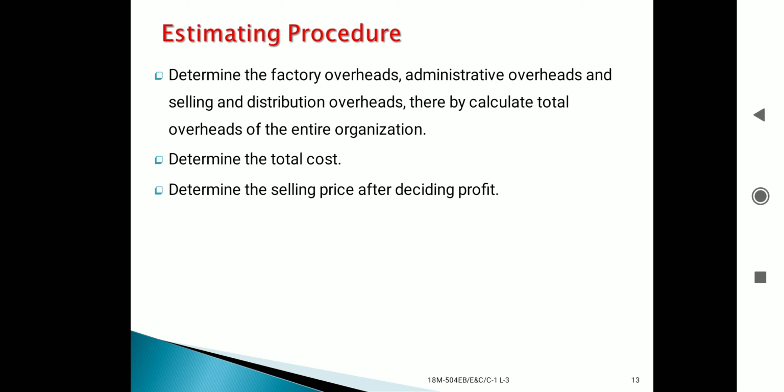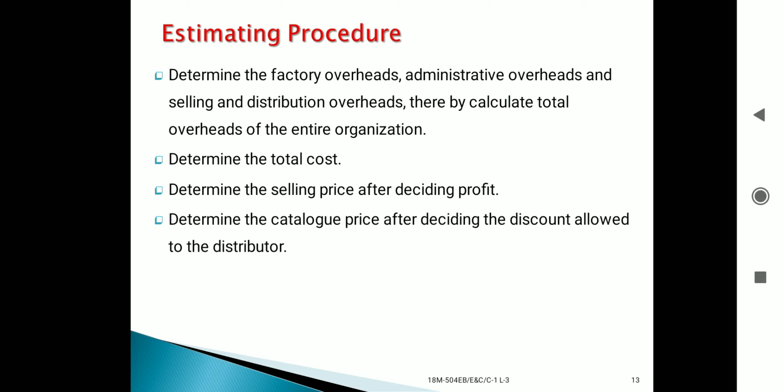Next, determine the catalog price after deciding the discount allowed to the distributor. What do we mean by catalog price? It means market price, meaning the amount at which the product is running in the market. If you are manufacturing a pen and the market rate is 5 rupees, you need to manufacture it for 4 rupees.